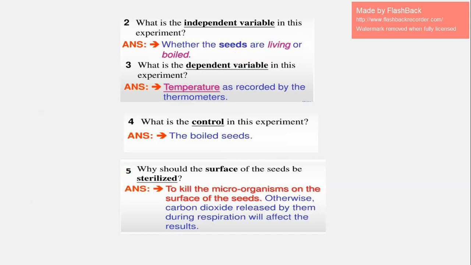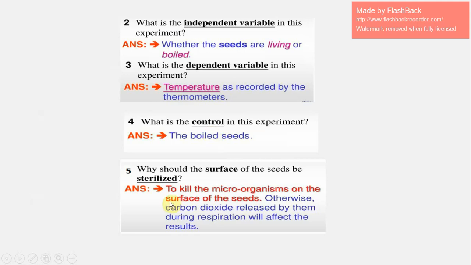The thing that we have changed. What have we changed? We have the seeds, either living or boiled. What is the dependent variable? What is the result that we are looking for? The increase in the temperature, if there is an increase or not. What is the control here in the experiment? The boiled seeds in order to compare.